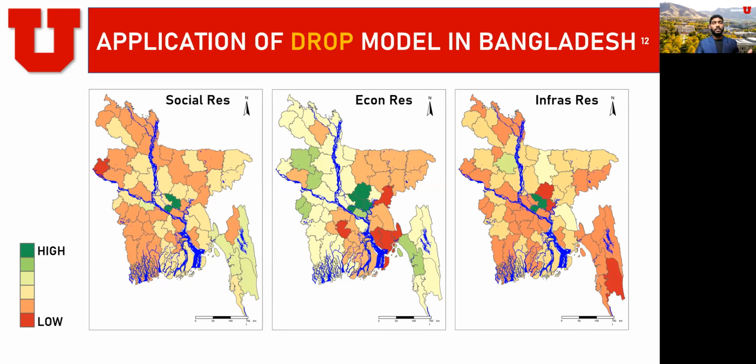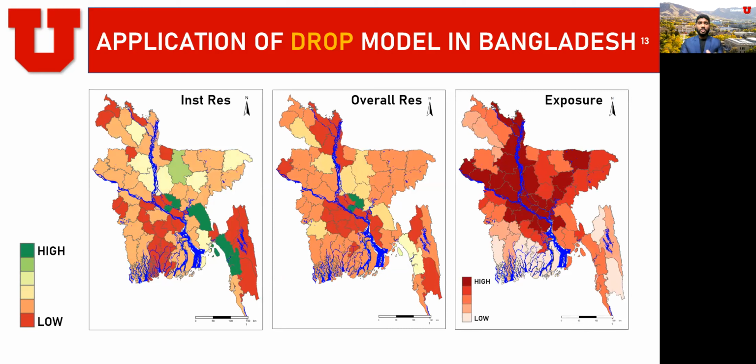And thereby we get the social resilience map, economic resilience map, infrastructure resilience map, institutional resilience map, and overall resilience map of Bangladesh, where green represents the highest level of resilience, and red represents the lowest level of resilience.